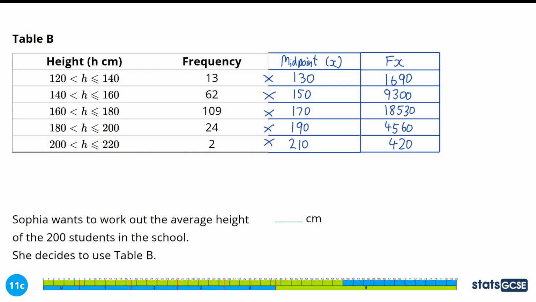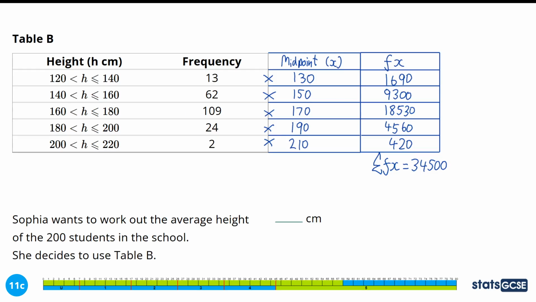So now we know what each of the groups adds up to. We need to find out what the total adds up to. Remember, the mean is adding them all together, so we need to find the sum of fx, which will just be adding up this column here. For the mean, we'll need to divide that by the amount of numbers.